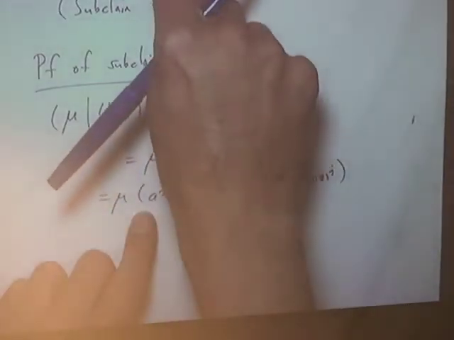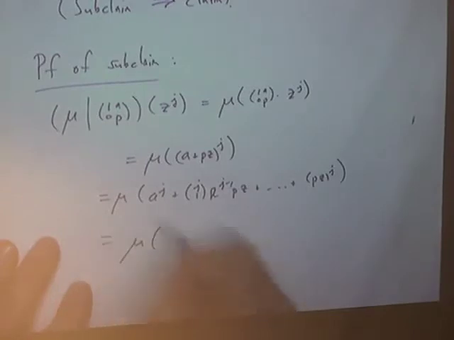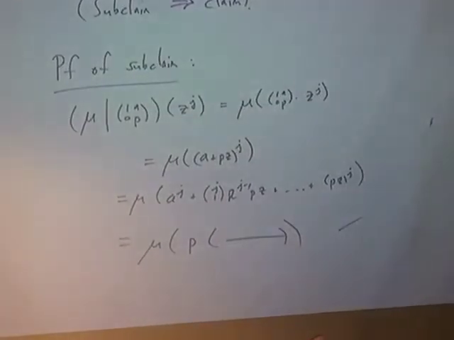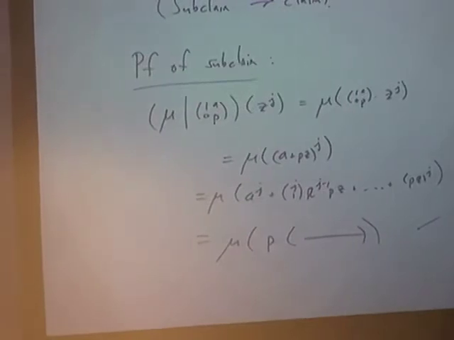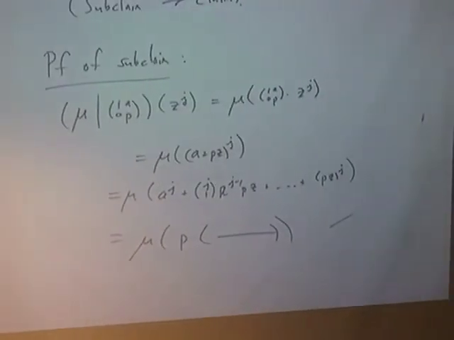But I'm assuming that mu kills 1. So mu kills off this term. So this is the same as mu, that dies, and I get p times something. And that's what I need. So I think that's a proof. Makes sense.